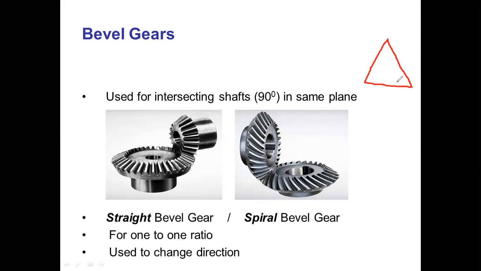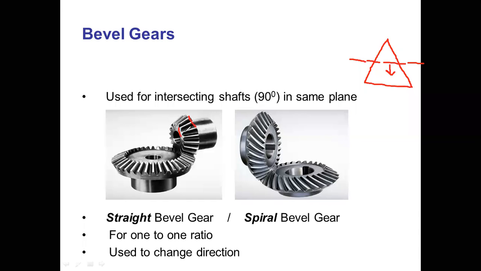This is the base of the cone and this is the apex of the cone, and if we cut this cone along this line, then the part below this line looks like a bevel gear. This is the base of the bevel gear and this is the apex.